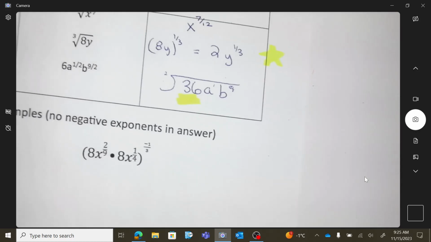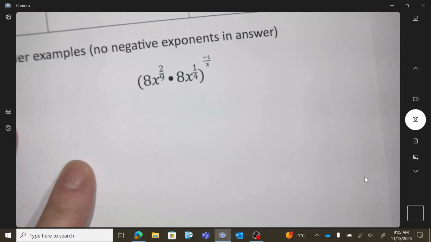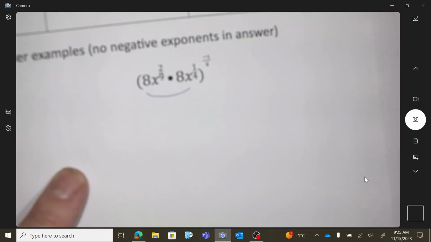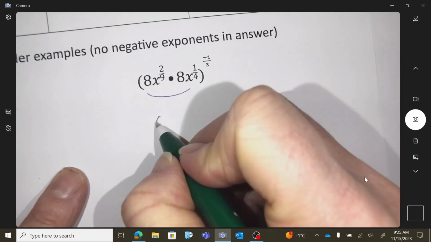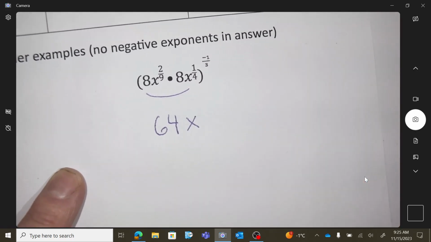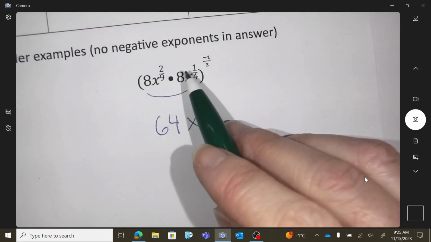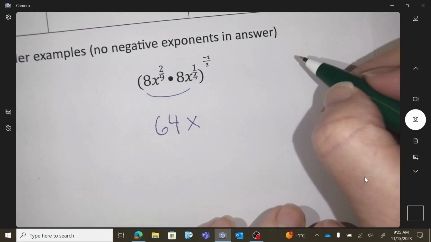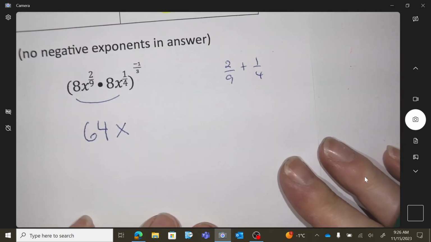Okay, so let's try this one. So this one, I'm going to work in the brackets first. So what is 8 times 8? So that's a 64. X to the something. And what am I going to do as a rule? The exponents would need to get what together? Added. So I'm going to do that over here on the side.